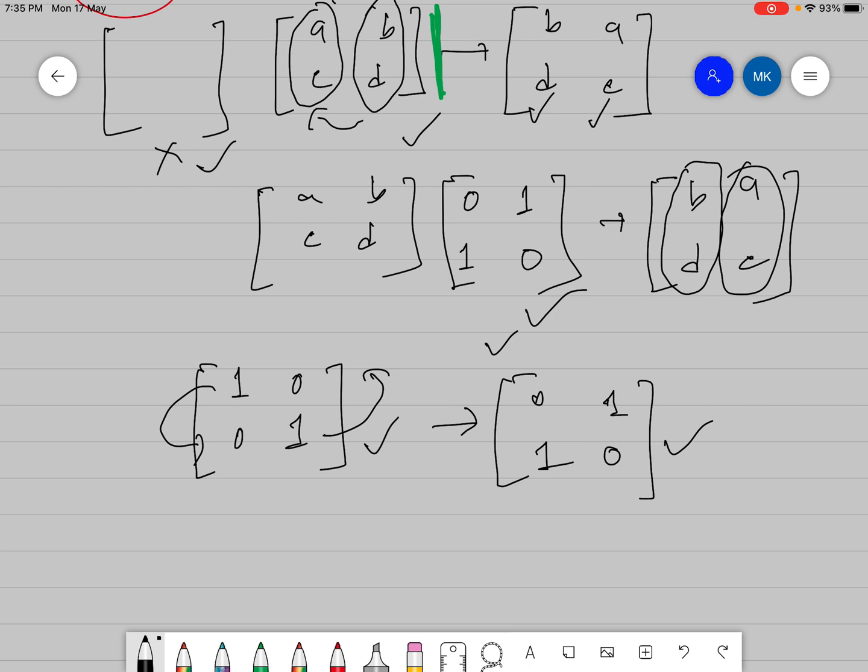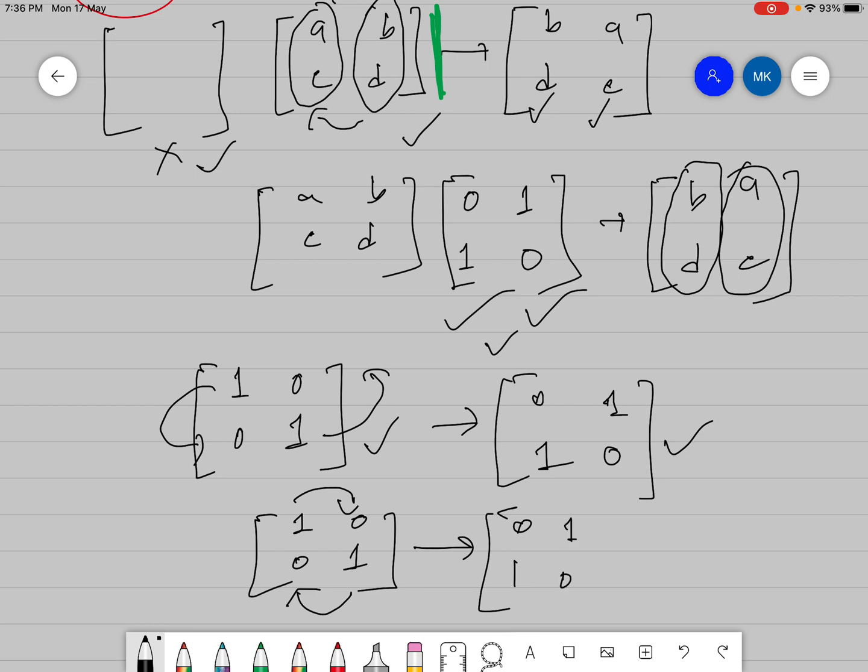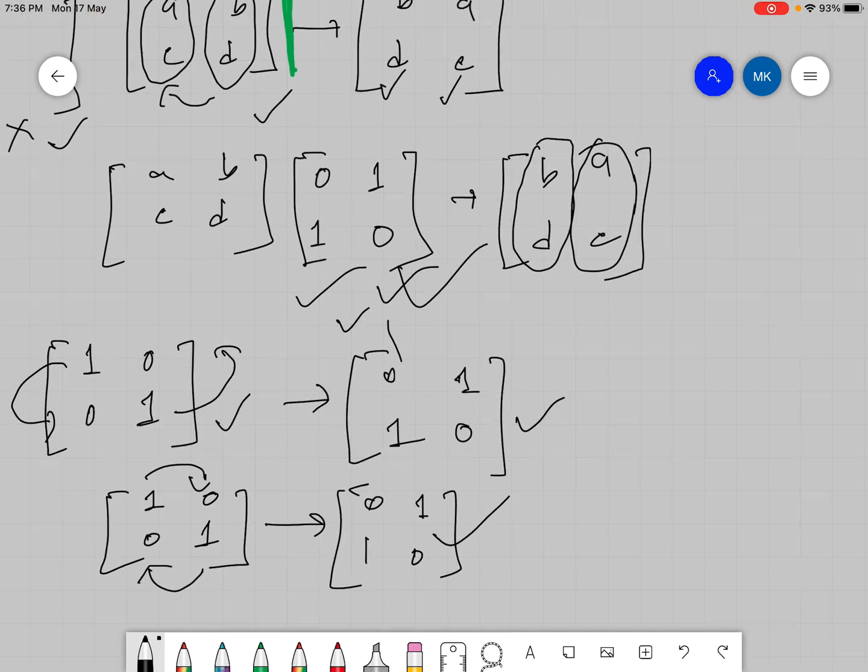And this is true for this permutation matrix as well. So this is the original matrix 1 0 0 1, and we want to exchange the columns, right? That would give me this output 0 1 1 0. So the columns are exchanged here. So this is the desired permutation matrix. If you want to do any permutation on any sort of matrix, just replicate the operation on the identity matrix and you'll get the desired permutation matrix.